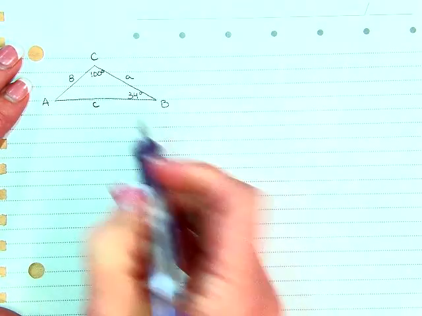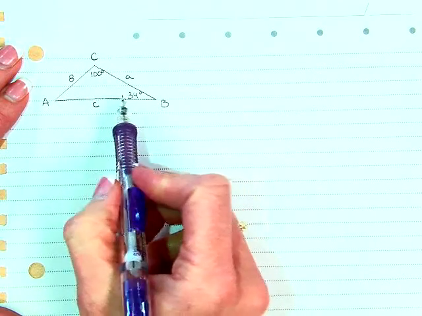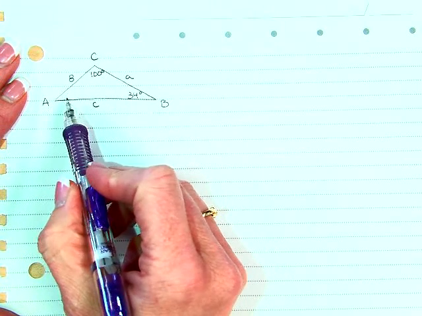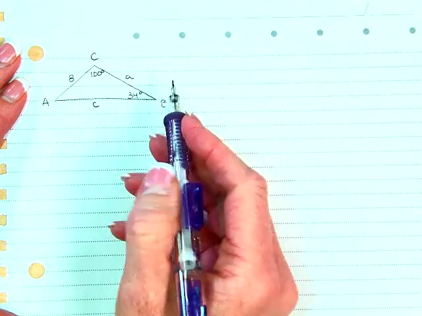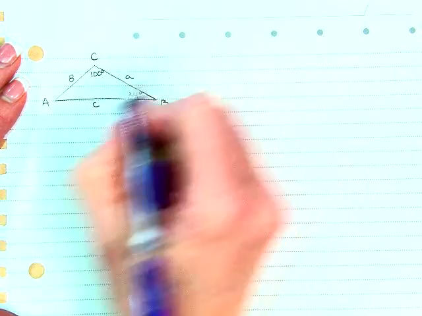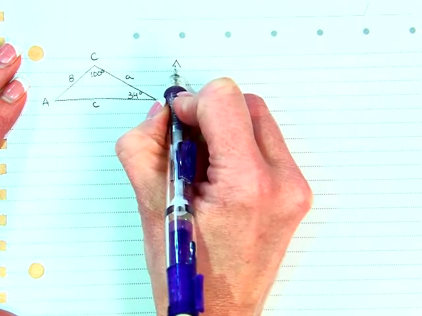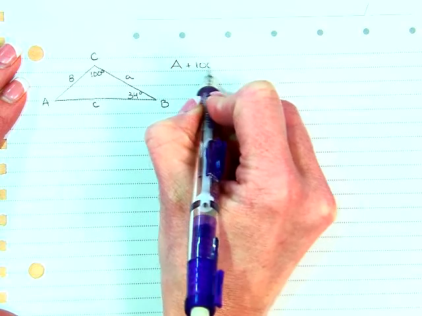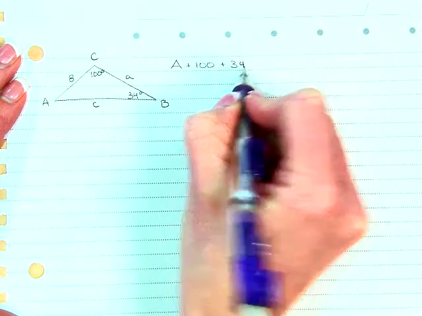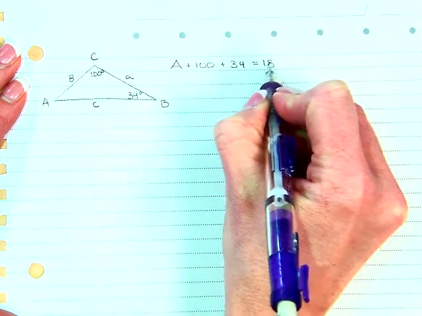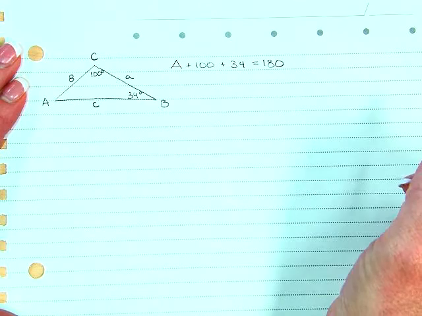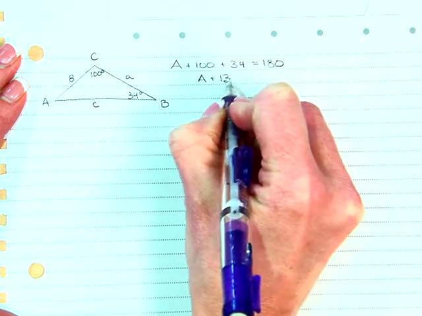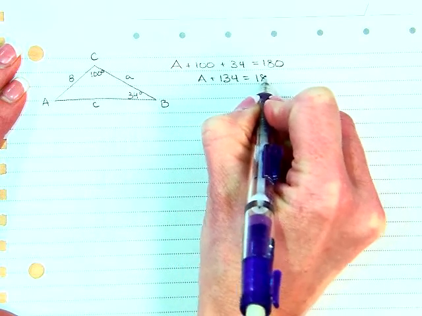So basically when I look at this and try to decide what to solve for, I have two angles. I might as well find the third angle using the triangle sum theorem. If I call that angle A, then angle A plus 100 plus 34 needs to add up to a sum of 180. So 134 goes like so.